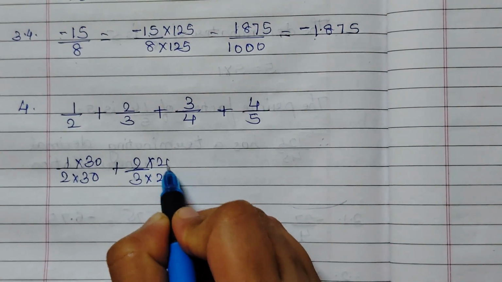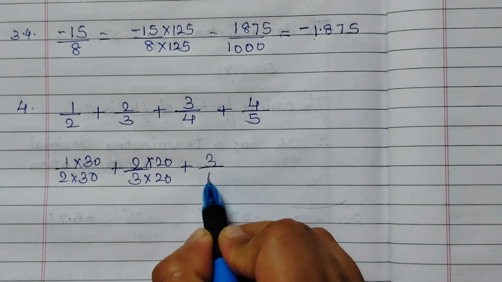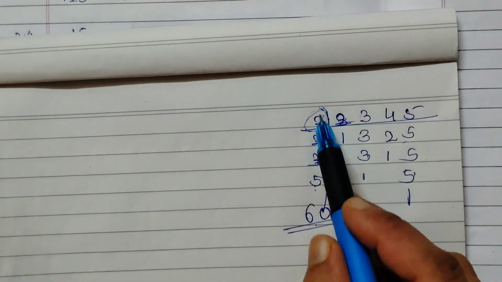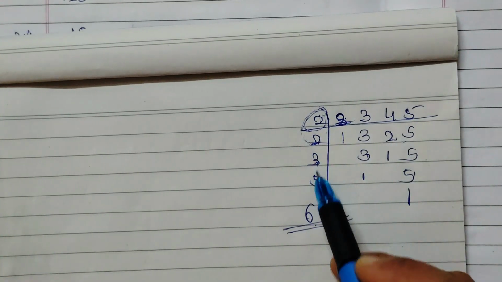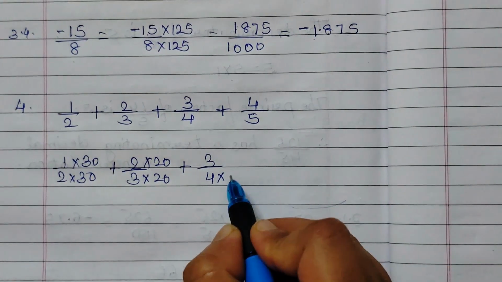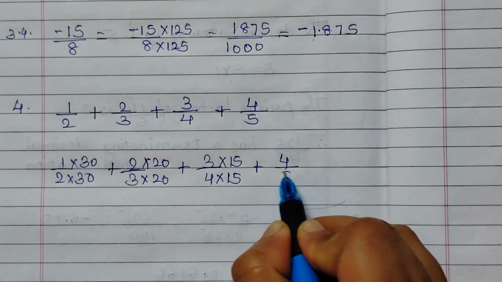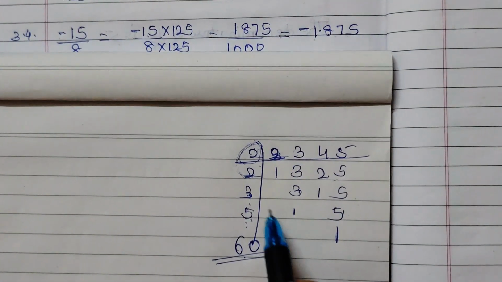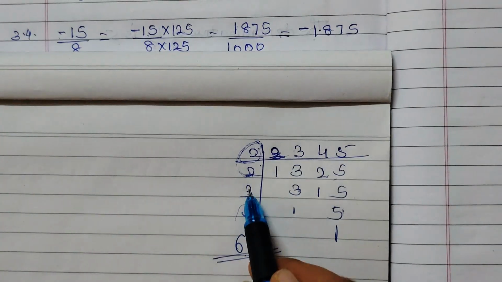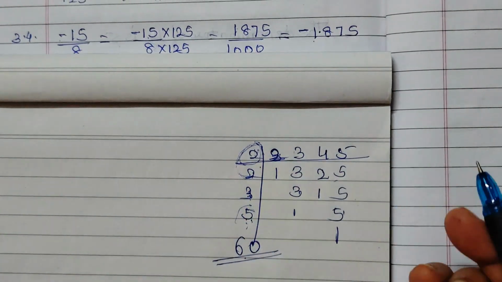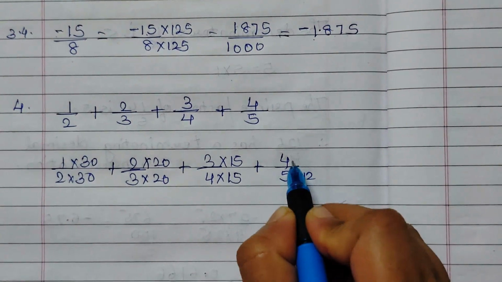So up also I will multiply by 20. Then 3 upon 4. 2 2s are 4, so what remains? 3 5s are 15. So into 15. Plus 4 upon 5. If I keep this 5 aside, what do I get? 3 2s are 6, 6 2s are 12. So into 12.